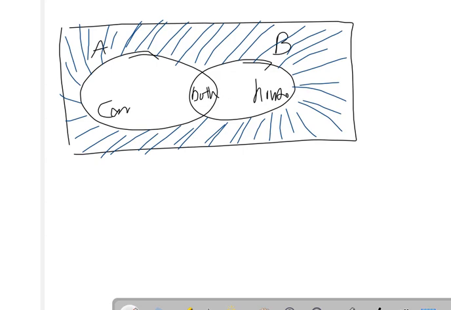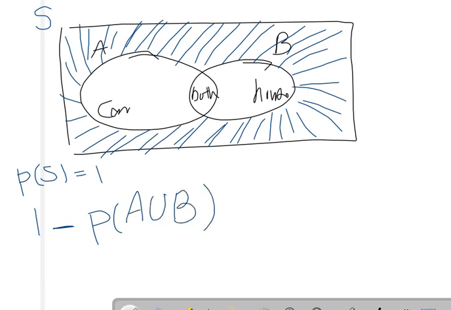So how can we obtain this area? All of us know that the probability of S is 1. So we should write that 1 minus the probability of the union of A and B, because this blank area is the union of A and B, and the probability of the rectangle is 1.